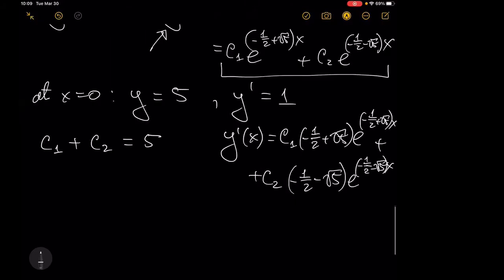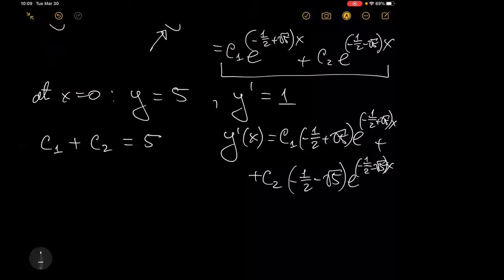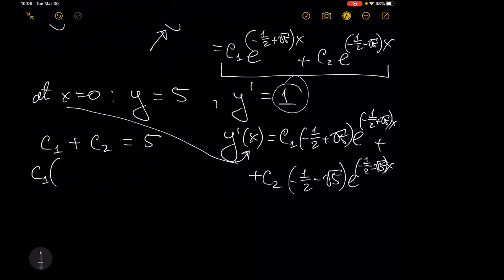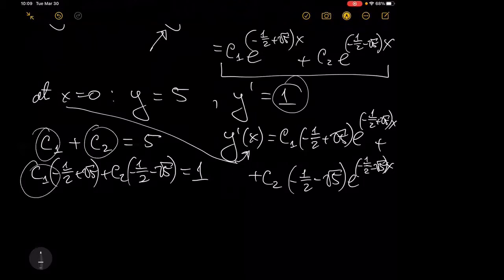So this is the derivative. So I substitute x equal to 0 here, and it has to be equal to 1. So I'm getting c1 times -1/2 plus square root of 5 plus c2 times -1/2 minus square root of 5 equals to 1. This is just a system of two equations for two unknowns.